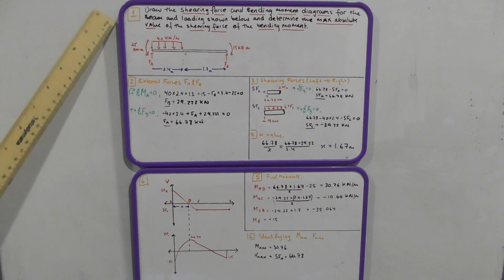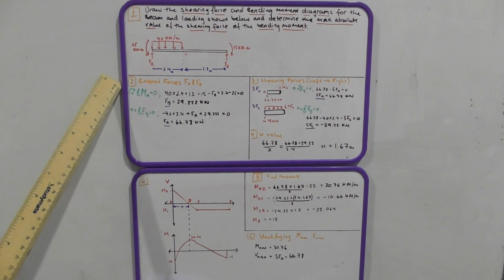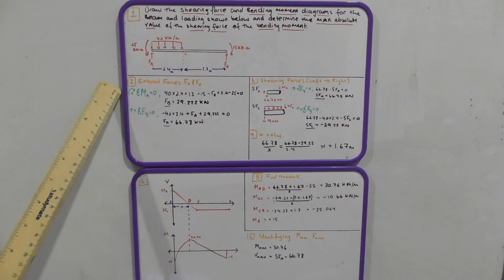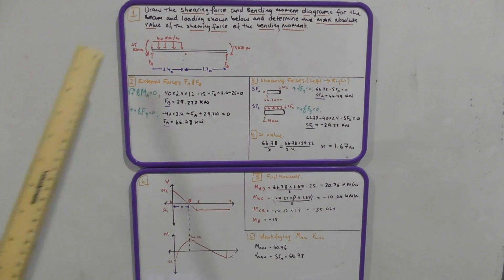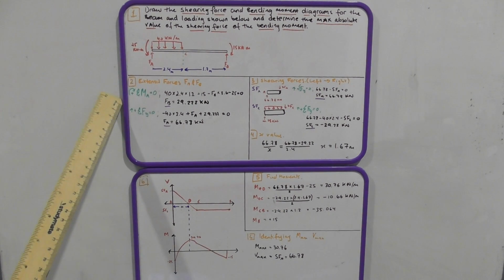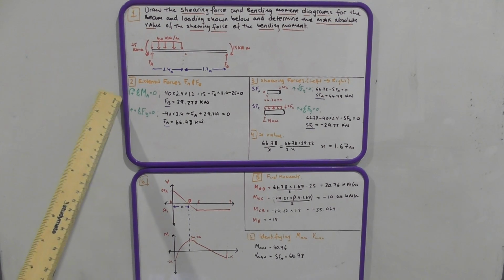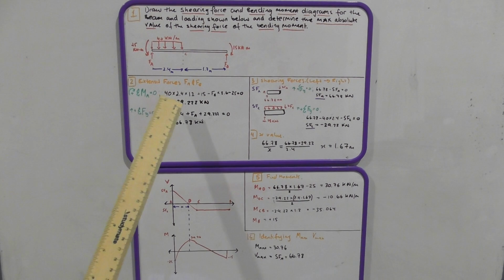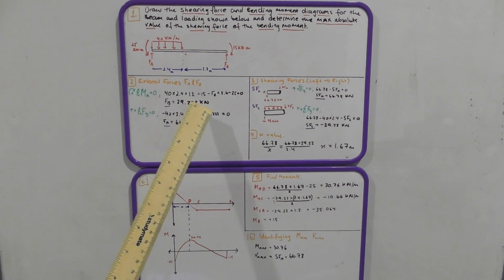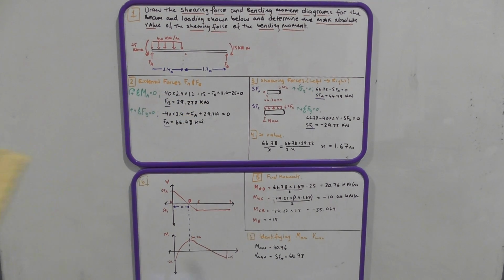Now, if you follow me to 2 here, we are solving for the external force members. Quite simple if you've done statics before. If you want to solve for B, we do a sum of moments at A, and that's just the distributed load multiplied by 2.4 and then multiplied by the center where that load is acting.